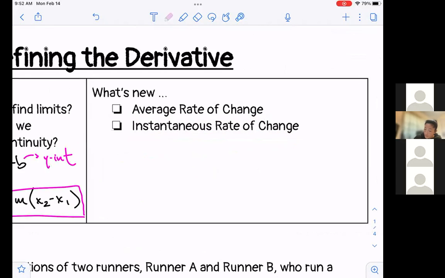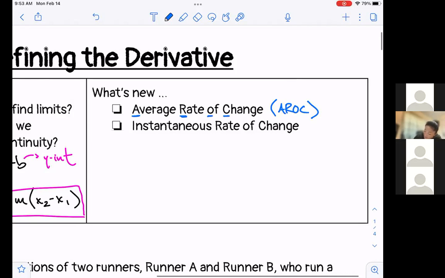Now, these phrases come up so often that I tend to abbreviate them. A, R, O, C. You'll often see me write AROC. I don't think you'll find it in a textbook, but it's just my way of abbreviating average rate of change.